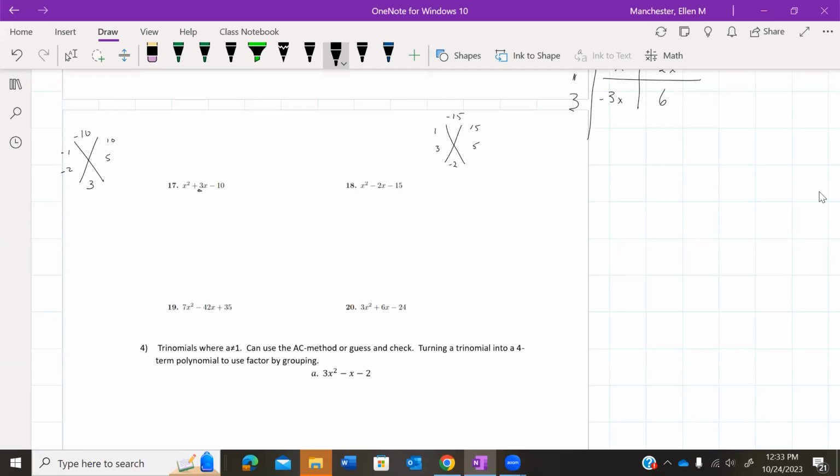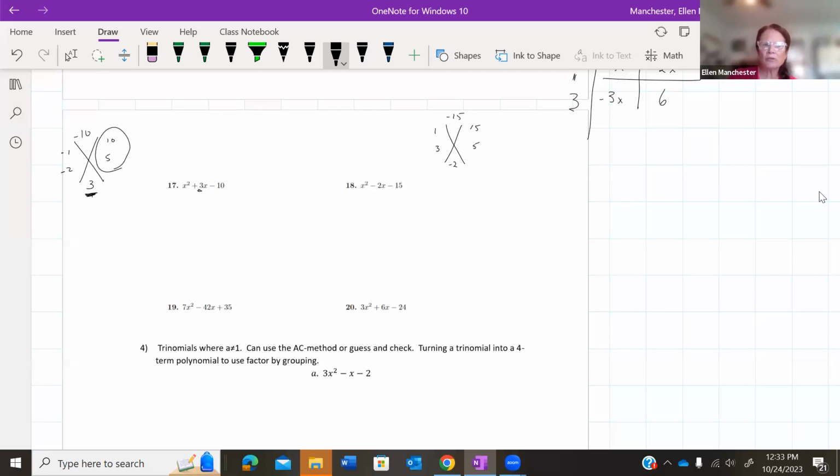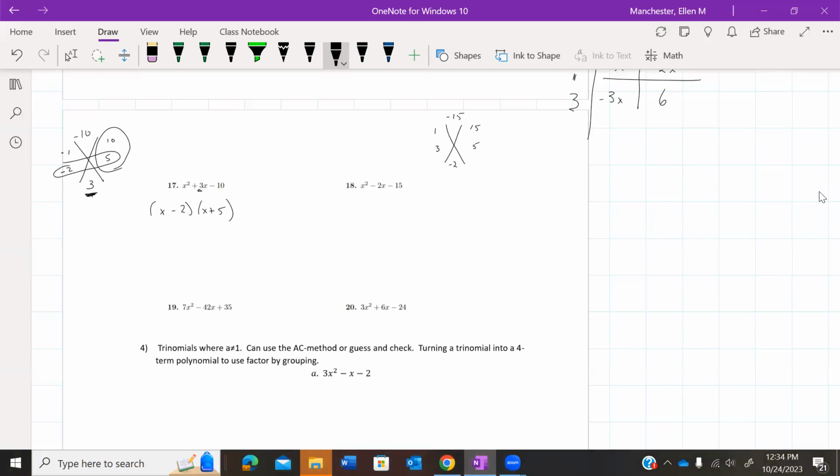Okay, so that's where you got to watch your signs. Whatever this number is down here, if it's positive, your bigger numbers have to be positive. Because when you add, you give it the sign of the larger number. So that means the smaller numbers on number 17 have to be negative. So it's got to be -2, positive 5, excuse me. Thank you.